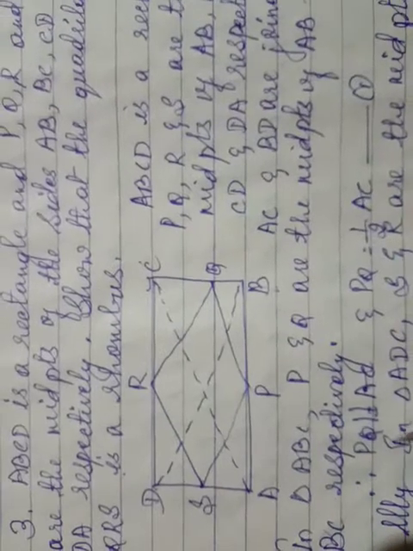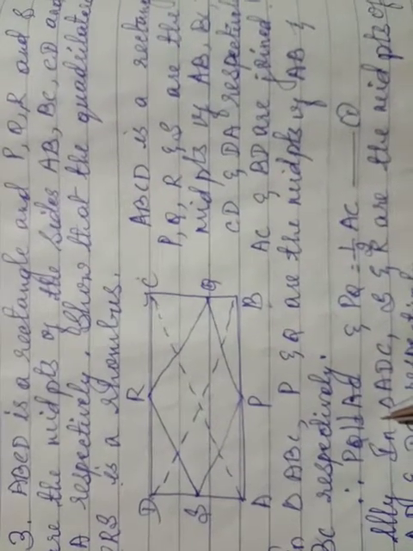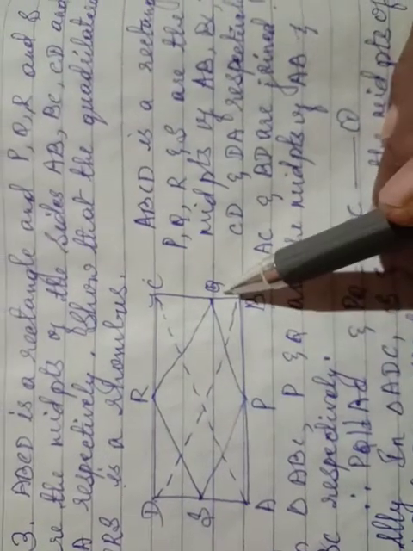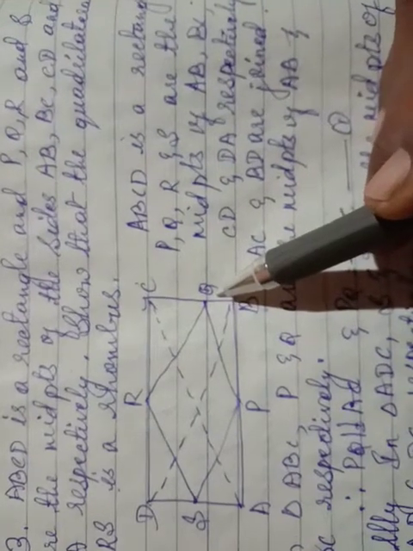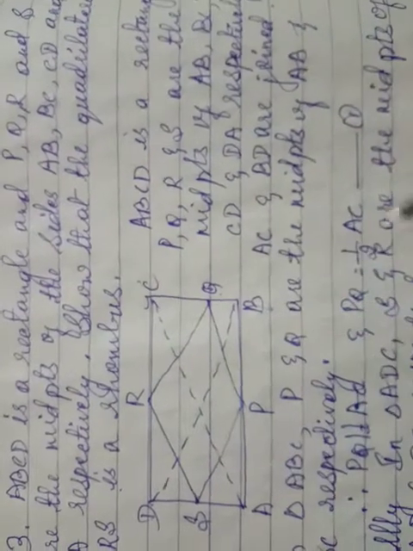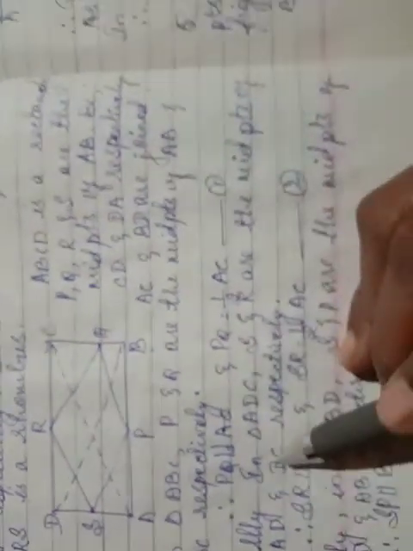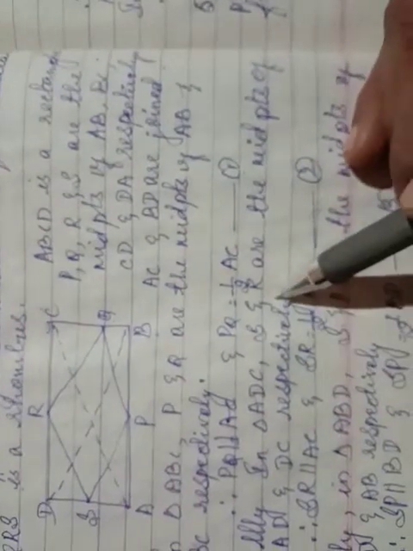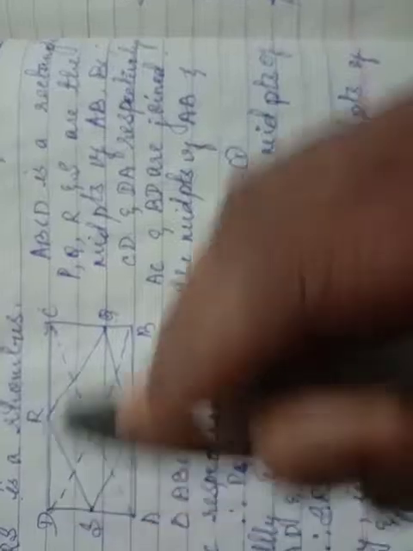So therefore PQ parallel to AC, and PQ is equal to half of AC. Call that 1. Similarly in triangle ADC, S and R are the midpoints of sides AD and DC respectively.